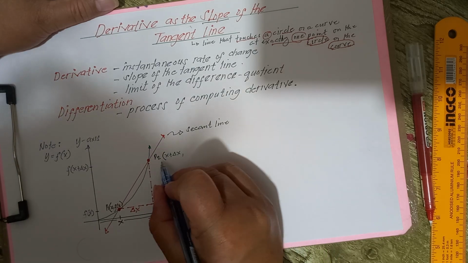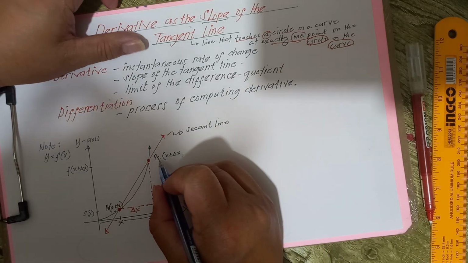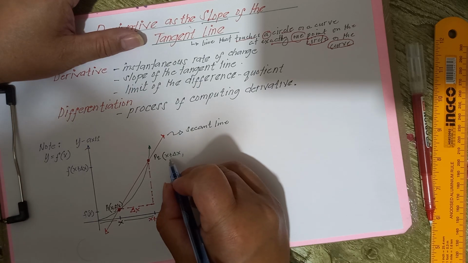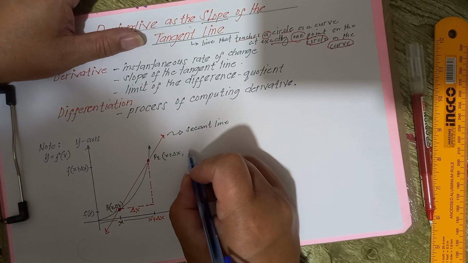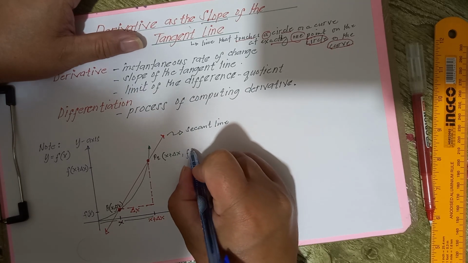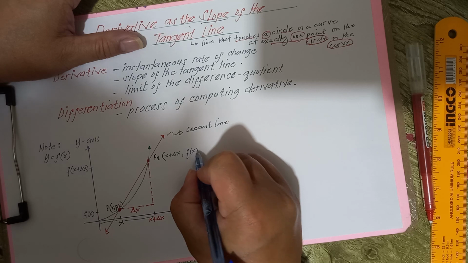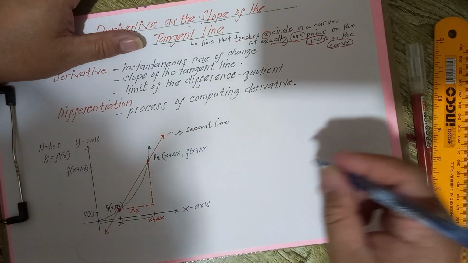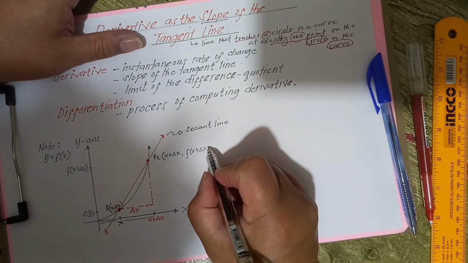Then my point 2, the coordinates are x plus change of x, and f of x plus change of x. So that must be my point 2.